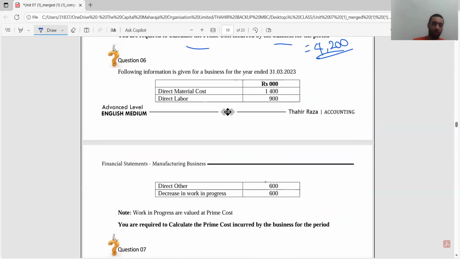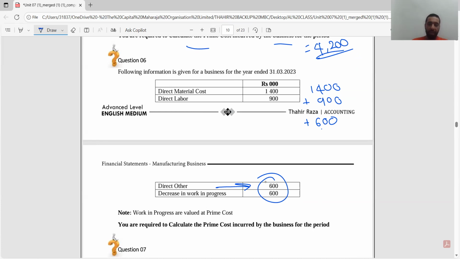Right? So the next one, very simple. 1,400 plus 900 plus 0. There is no change. So how much is this? Very simple. Oh, sorry. I thought this is both the opening and closing, right? So this is 600. You have to add the direct other cost.